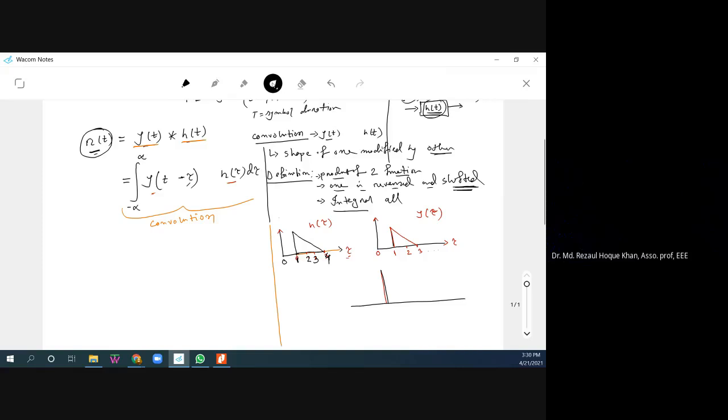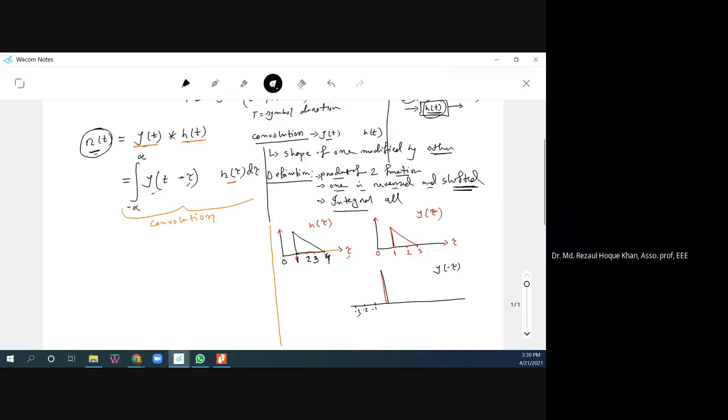If I want to write y(minus tau), what will happen? 1, 2, 3 will become minus 1, minus 2, minus 3. So 1, minus 1, minus 2, minus 3.